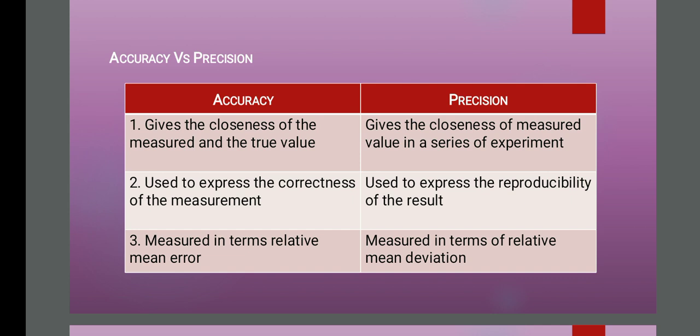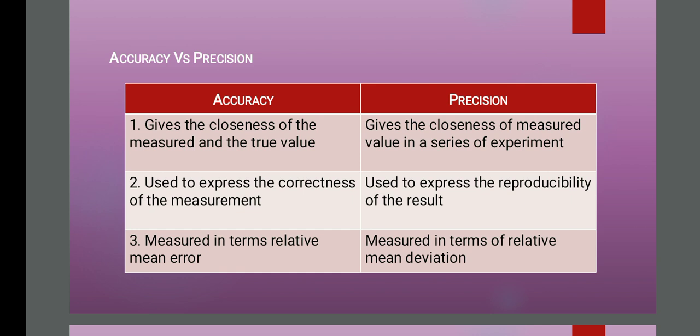The accuracy value we can take here is 89.6 because it is very close to the true value. So this closeness of the measured value with the true value we call accuracy. That's the definition. Can you understand? Okay.